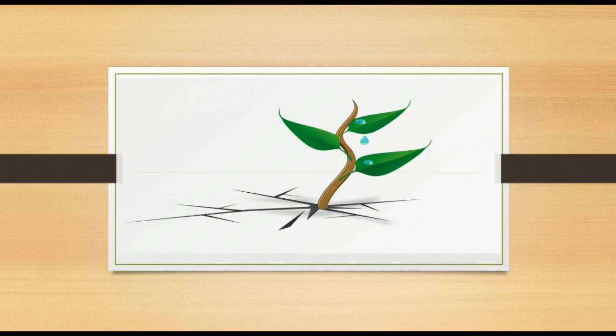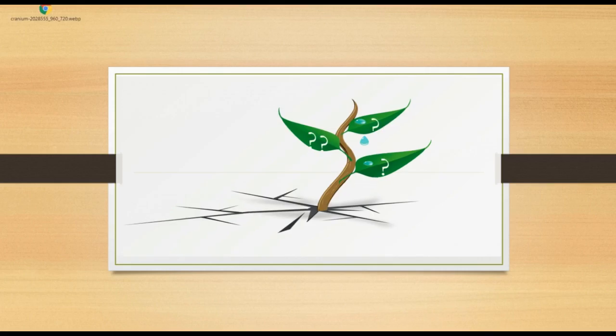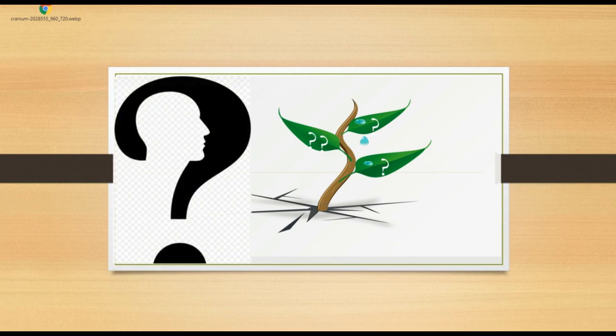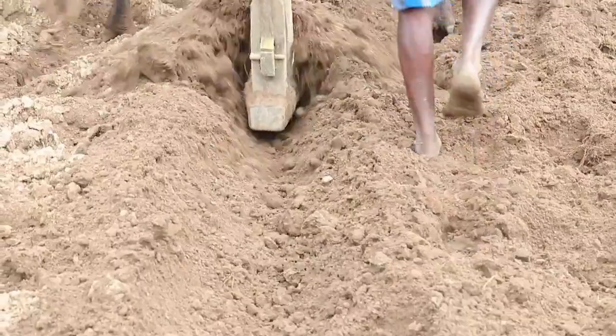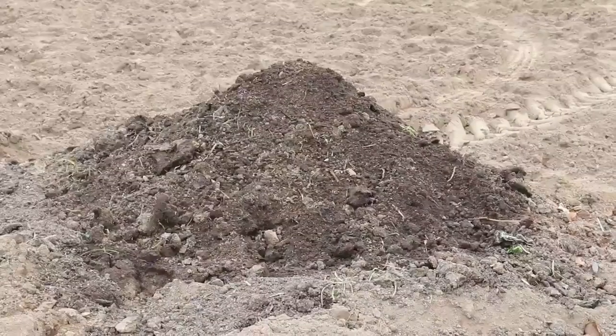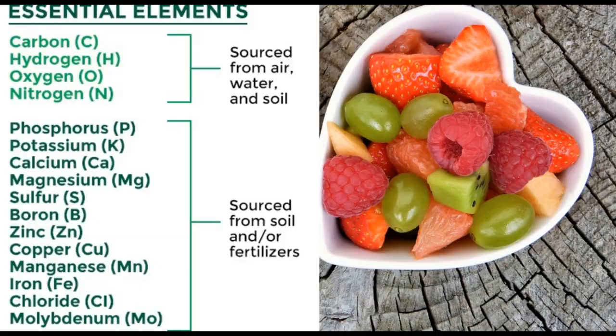But where do plants get these elements? Good question, is it? Plants receive these essential elements from soil. All these elements such as nitrogen, magnesium, potassium, calcium, iron, and many more put together are called nutrients.